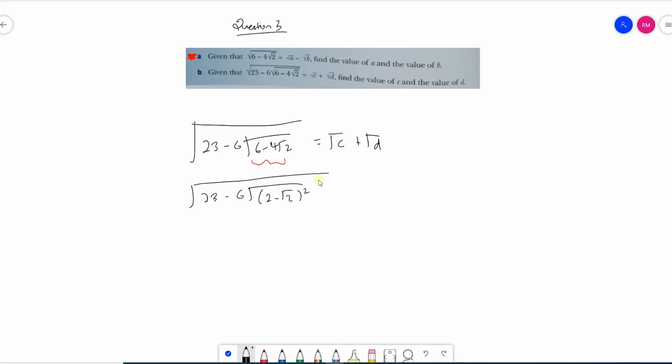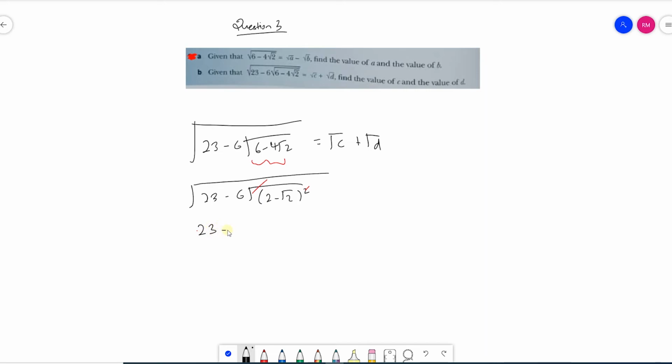If I square root one more time, now I can simply cancel off the square root and square, because the value inside will be positive. It will be positive because 2 minus surd 2 is 0.585. Let me rewrite.